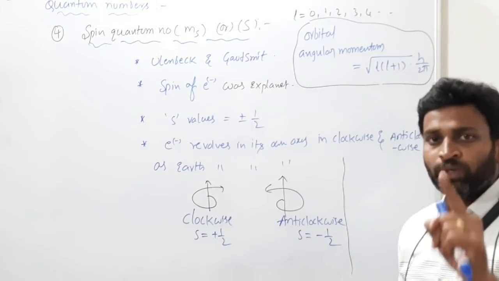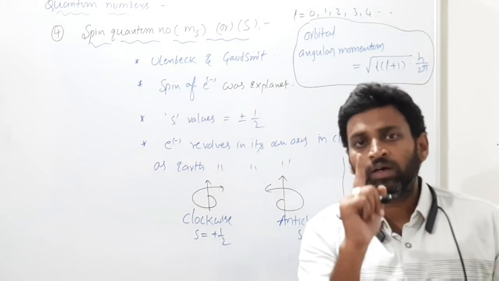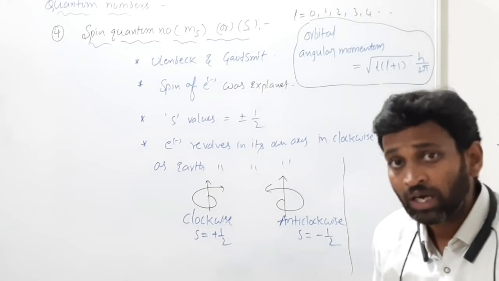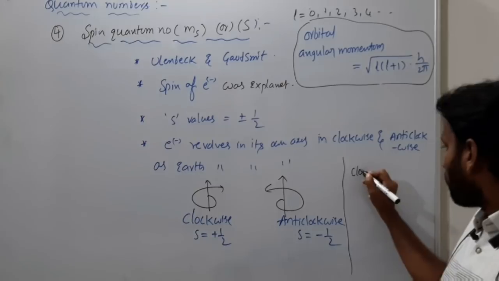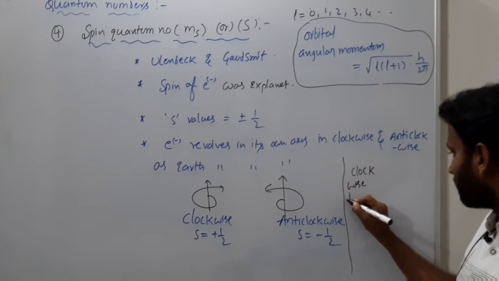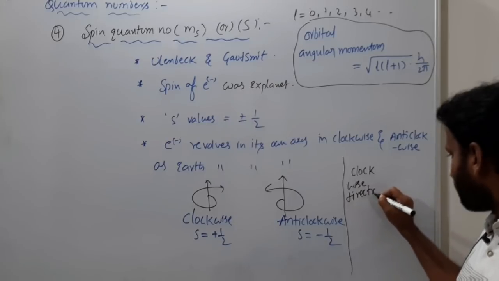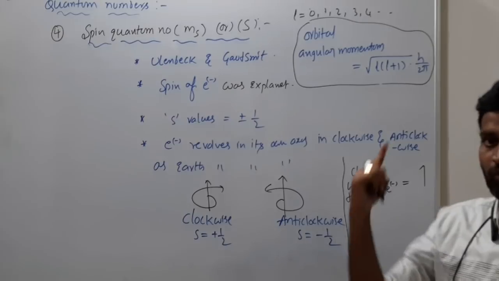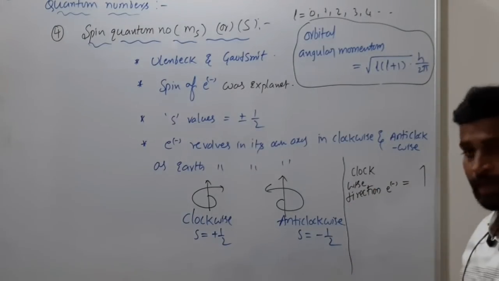One more important thing I will tell you today. An electron is represented with a half arrow. A clockwise direction electron is represented with a half arrow upwards like this.